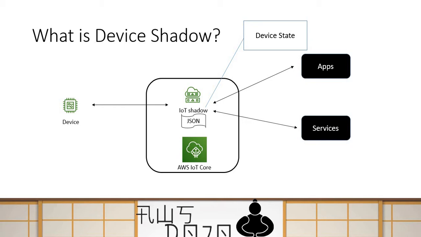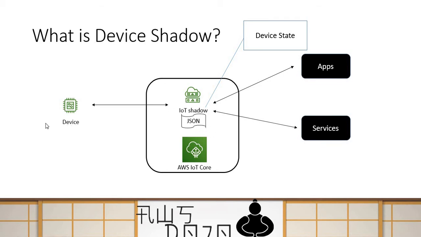These devices measure some of these states around them, and then these states of the devices can be maintained inside device state. And this device state is in the format of a JSON document, and I will talk about that later.